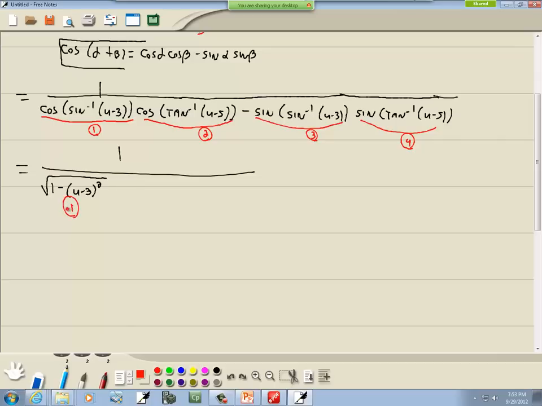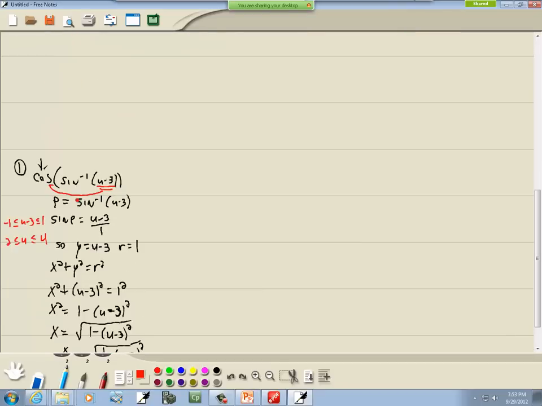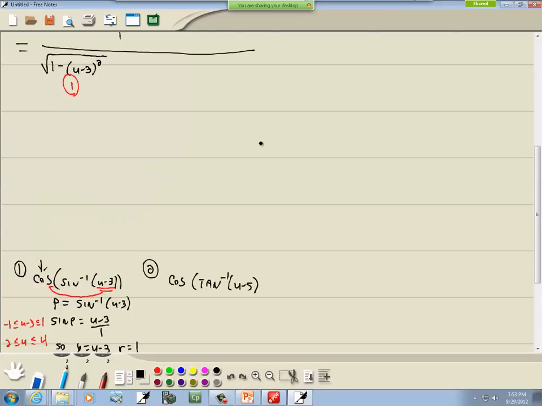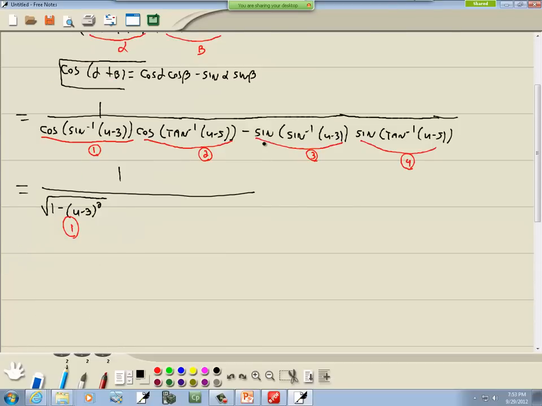This was our first one. So we got cosine of the inverse tangent of, I think it was u minus 5. Let me go up there and look. U minus 5.